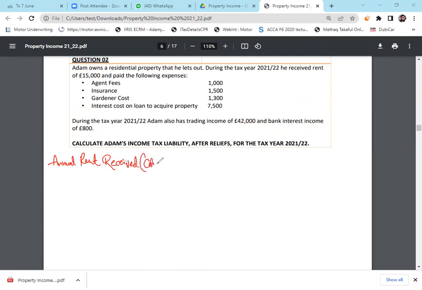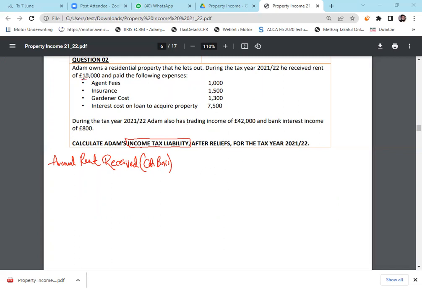During the tax year 2021 to 2022, Adam has also trading income of £42,000 and bank interest income of £800. Calculate Adam's income tax liability after reliefs for the tax year 2021 to 2022. Okay. Did they say any basis of assessment or are they silent? It is silent. Means cash basis.